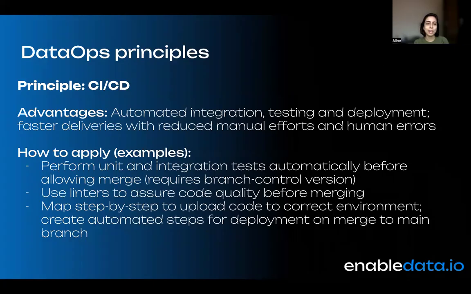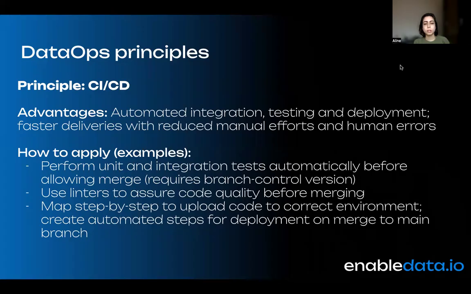You perform unit and integration tests automatically before allowing merge. That will block some bad code and also some bad transformations, things that alter your data in a way that you don't want. You may use linters to assure code quality before merging.